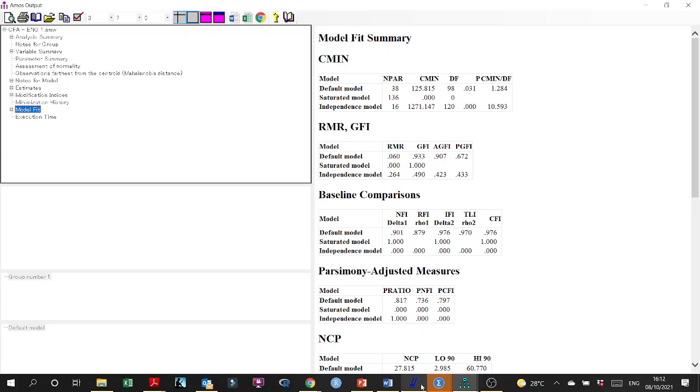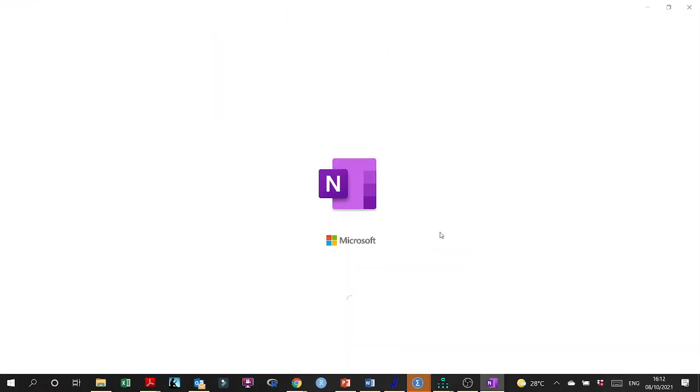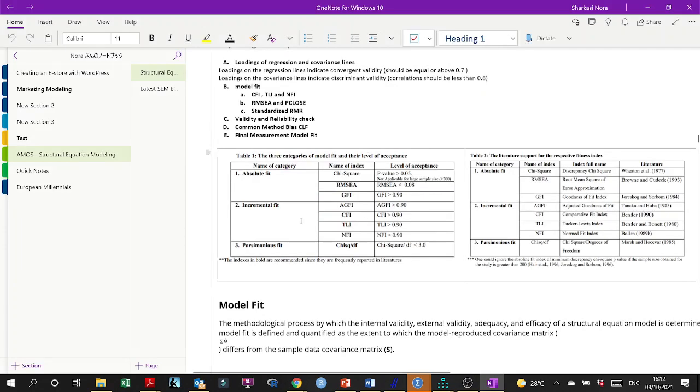I just reviewed my notes to make sure I double check what I'm doing, and the chi-square p-value here should be greater than 0.05, and it's actually not applicable for large sample sizes, anything over 200.